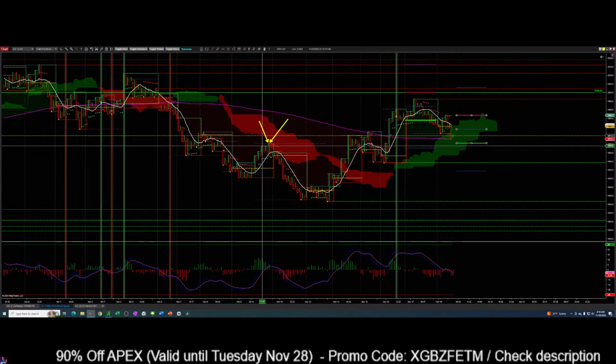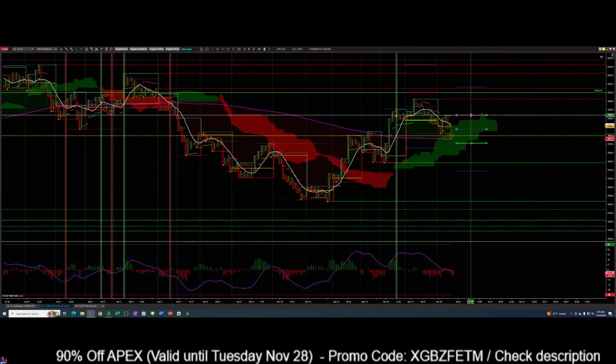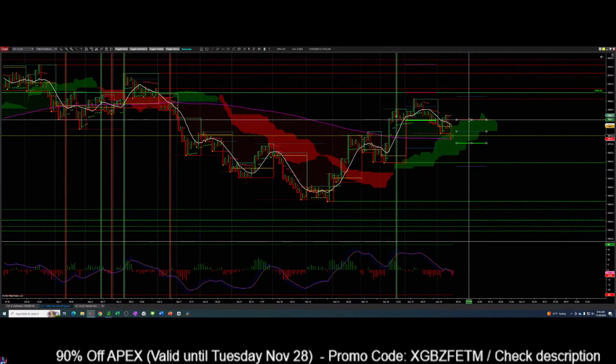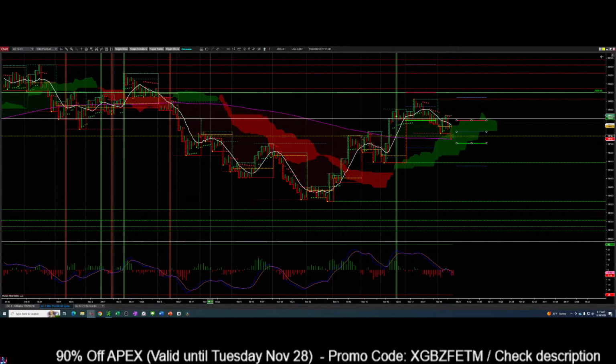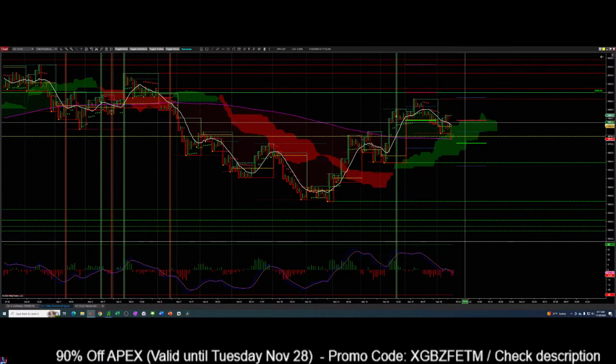Yeah, I'm gonna say that would be my support level, and my resistance is going to be around this area here. Let me see. I'm gonna take that level there to the upside.